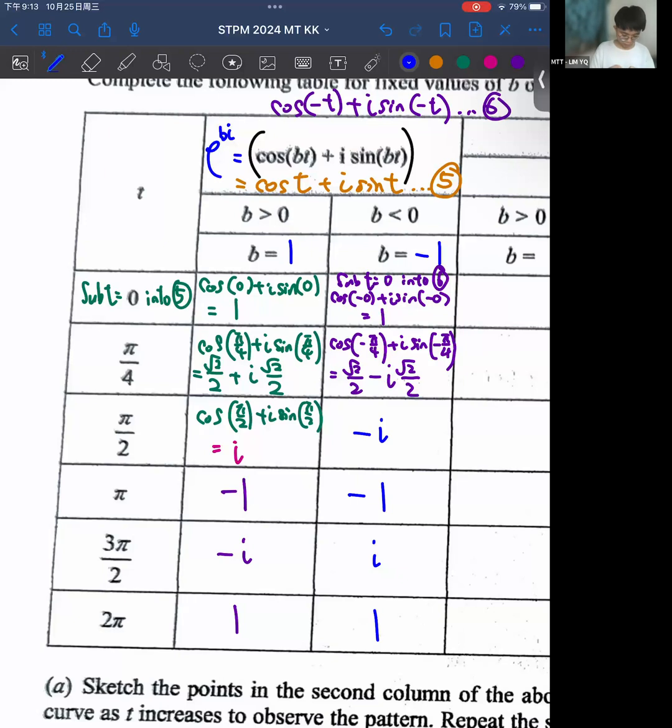I want the calculator. Okay, see whether I can do or not.